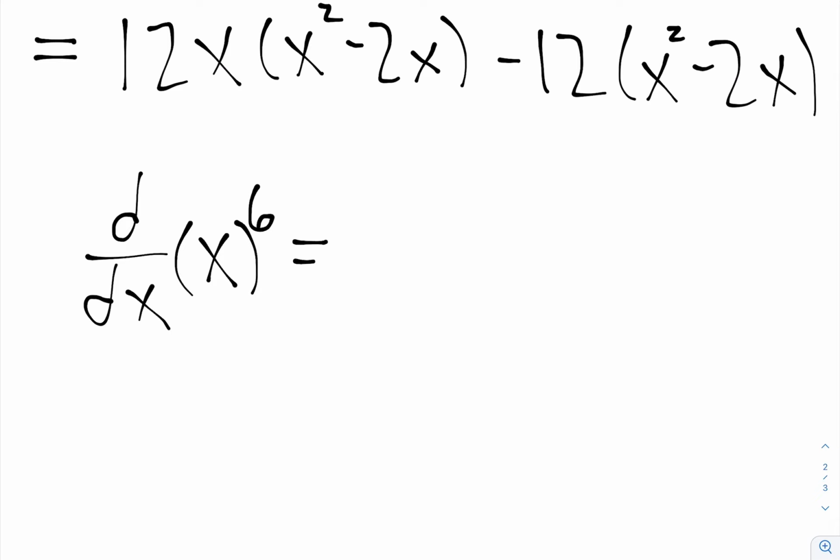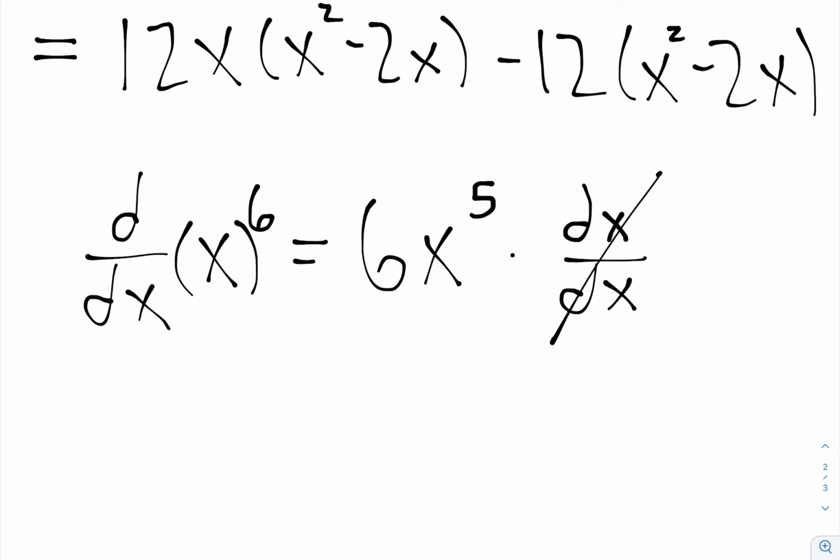The chain rule says, treat this x as one thing, so we can bring the 6 out to the front. It's going to be x to the 5th. Remember, we have to multiply by the derivative of the inside, so dx by dx. Well, dx by dx is 1, so it's just going to be 6x to the 5th.